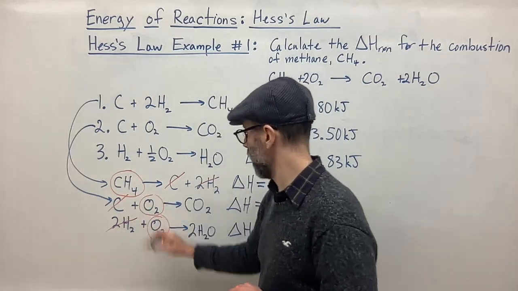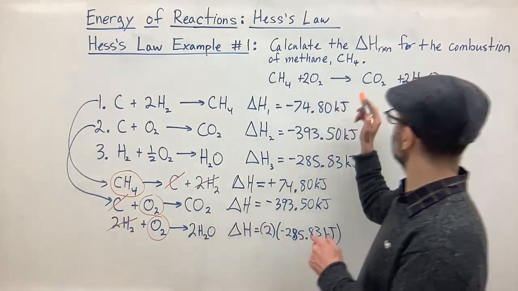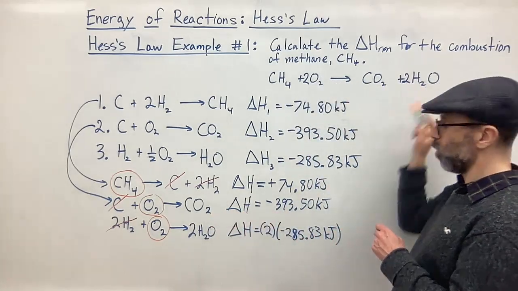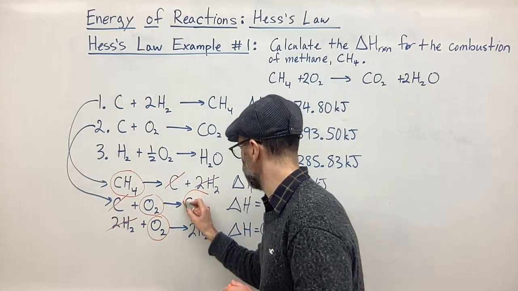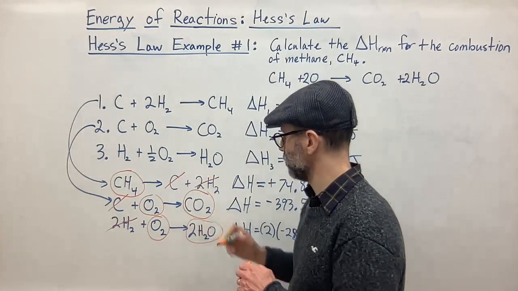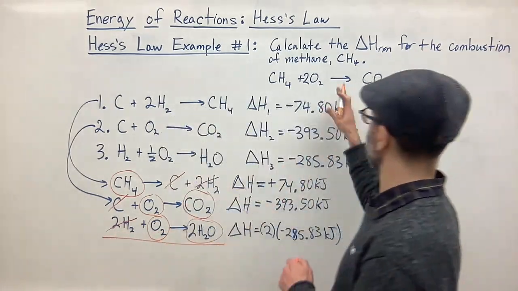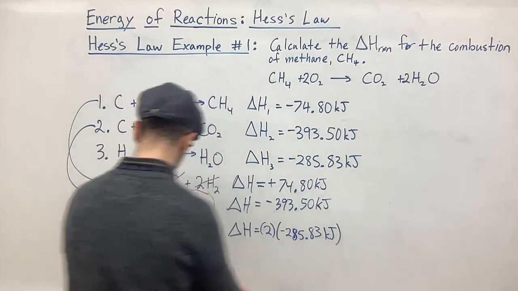So CH4 and 2 oxygens on the reactant side. And for the product side, I want CO2 and 2 waters. So I have 1 CO2 here, and I have 2 waters there. Everything else cancels out. So when I add these 3 equations together, I get my resulting equation.